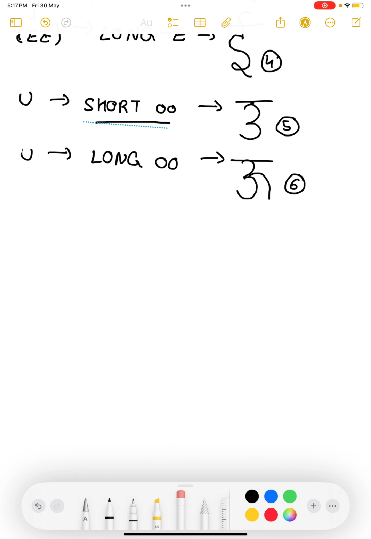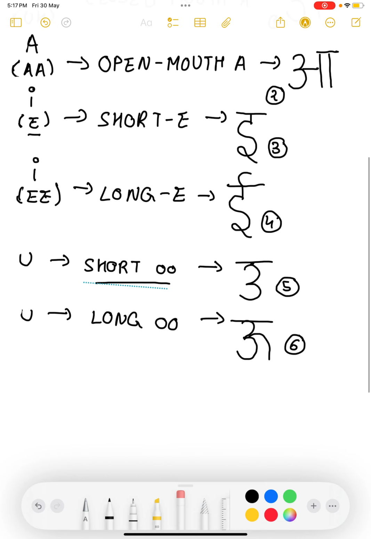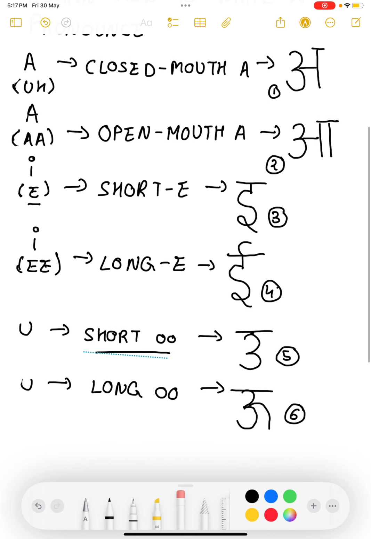If we go from the start and pronounce all these, you would see the variation in length of these sounds as well. Let's start with the first one. A, a, e, e, u, u. There you go.